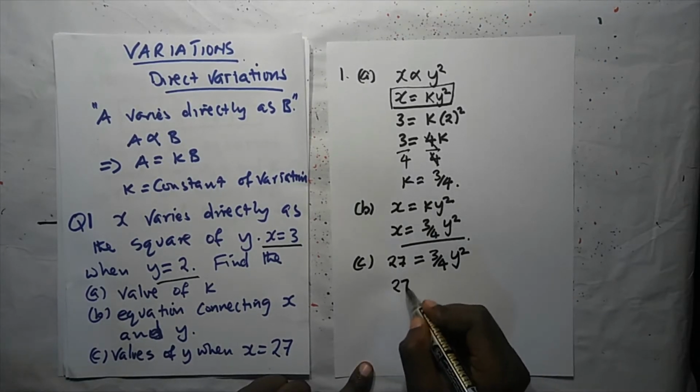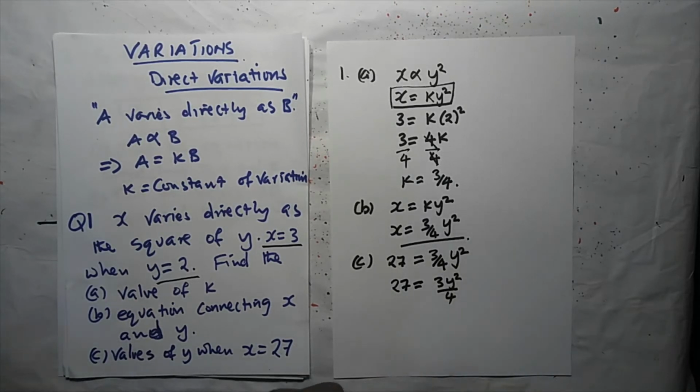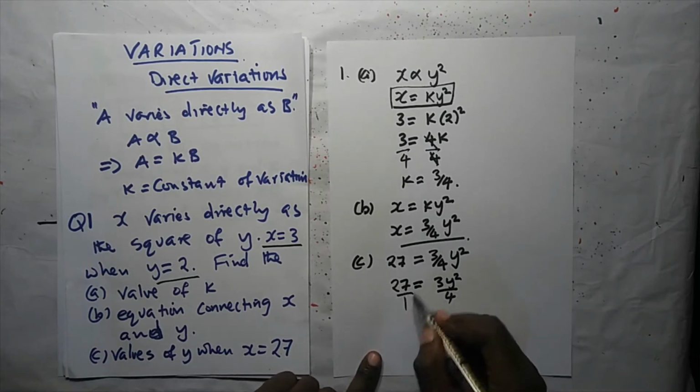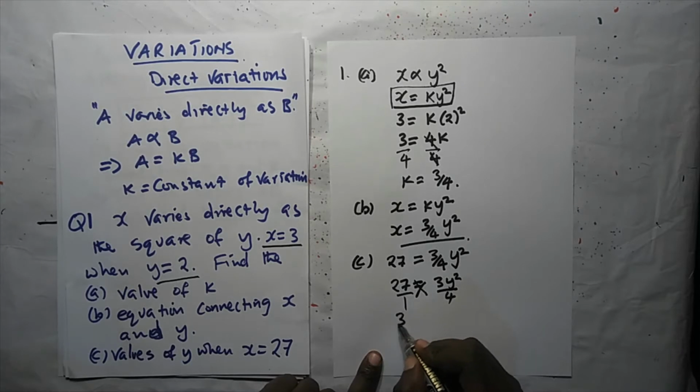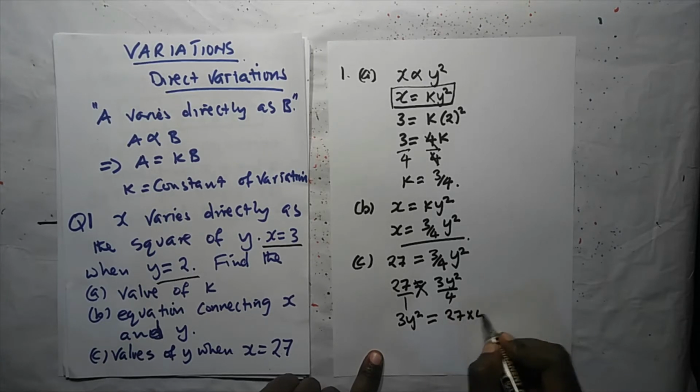And so this is going to be 27 is equal to 3 Y squared over 4. And then we can cross multiply. So we are going to have 3 Y squared is equal to 27 times 4.